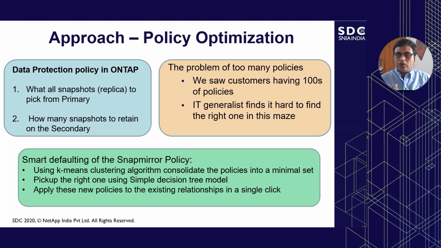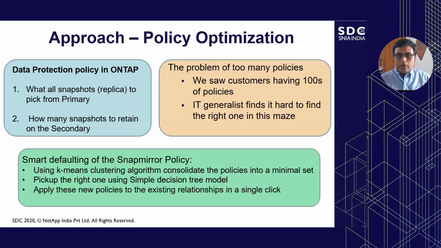So what we did is optimize these hundreds of policies into 3 to 5 policies. We could then use a simple decision tree and pick the policy which is most likely to fit the particular relationship that the storage admin is going to create, and default that in the workflow so that the decision is already made when the storage admin visits that workflow.